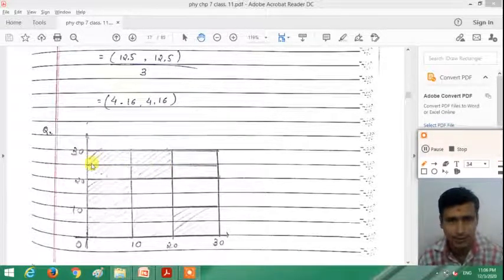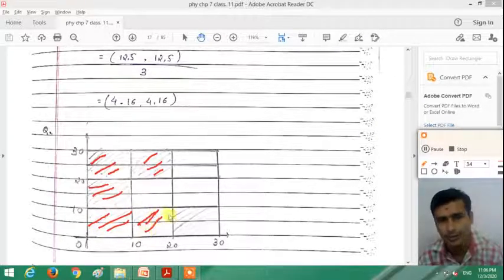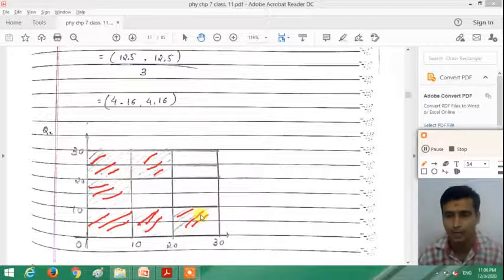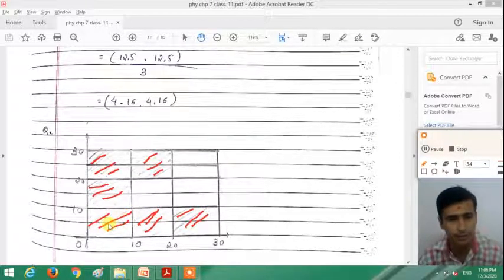Here the shaded area is given to you in this portion: first sheet, second sheet, third sheet, fourth sheet and fifth sheet. The mass of each sheet is capital M. Calculate the position vector of the center of each sheet, R1, R2, R3, R4 and R5, and put the formula of the center of mass and you get the center of mass.